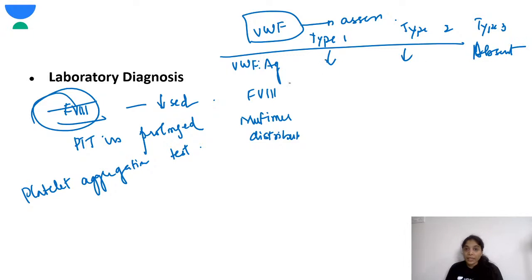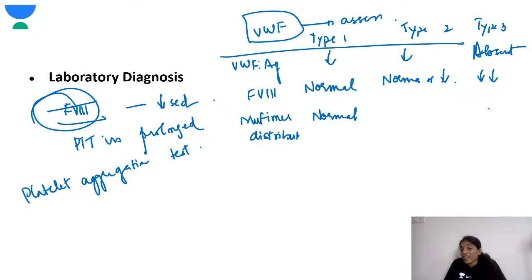Factor 8 is normal in type 1, severely decreased in type 3, while in type 2 it is normal or decreased. Remember that. Coming to the multimer distribution, it is normal in type 1, while in type 3 it is lost or absent. Basically there is no von Willebrand factor itself.